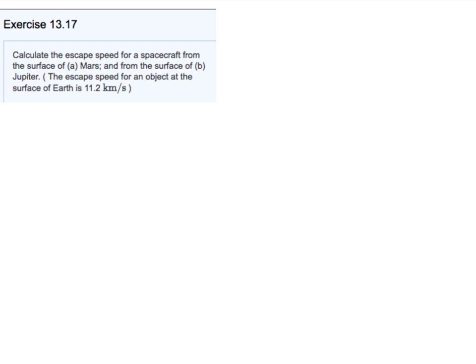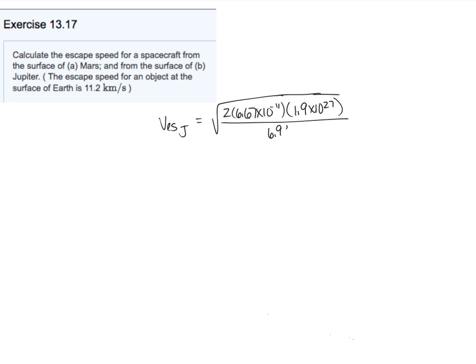If Jupiter, the escape velocity for Jupiter, we just replace the mass and the radius that we had previously for Mars by those values that correspond to Jupiter. So the mass of Jupiter is 1.9 times 10 to the 27. Notice much bigger than Earth, and also in terms of its radius as well.